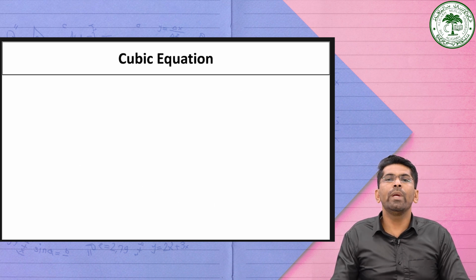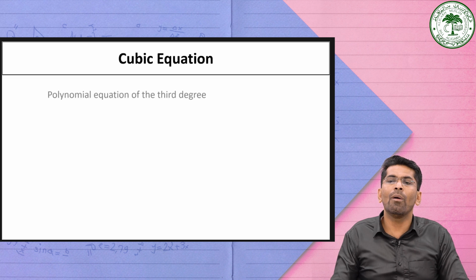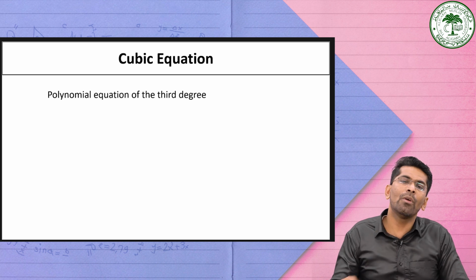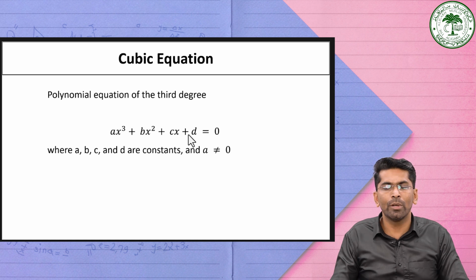Now we have a cubic equation. Another type of equation is known as a cubic equation. It is a polynomial equation of third degree, meaning the highest power of the variable is 3. So the general form of a cubic equation is ax cube plus bx square plus cx plus d is equal to 0, where a, b, c, d are constants and a is not equal to 0.